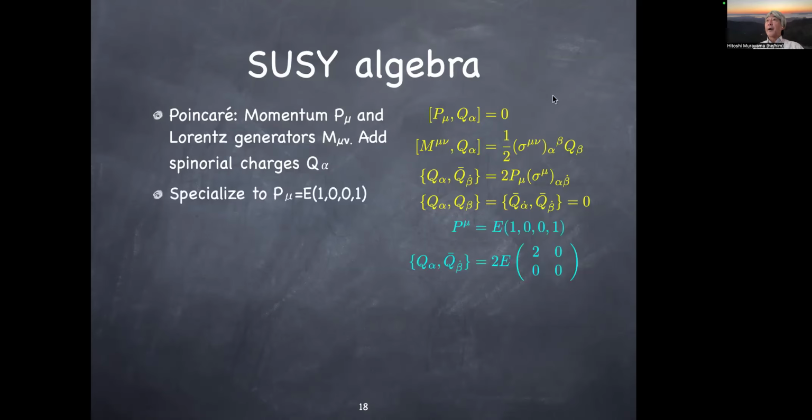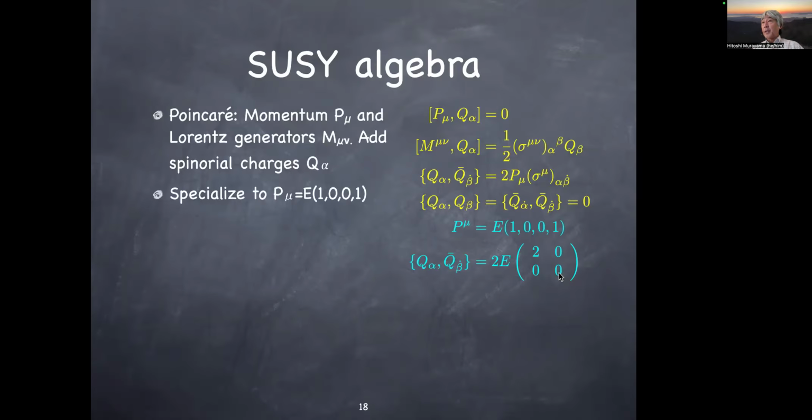Once you have this algebra among the generators, you can immediately go to representation theory, to see what kind of mass spectrum or particle spectrum you get. Specializing to a massless particle, and choosing the direction of the momentum along the z direction, if you put this into the Q, Q bar anti-commutator, you can rewrite it this way.